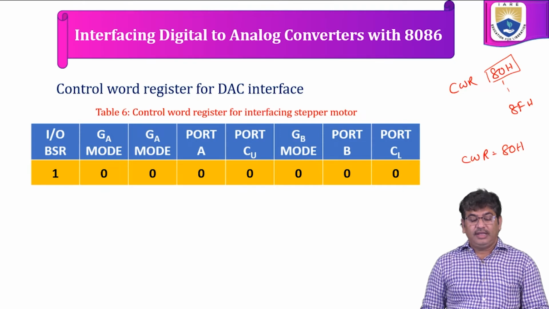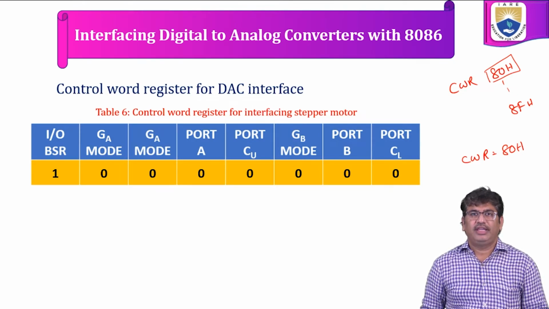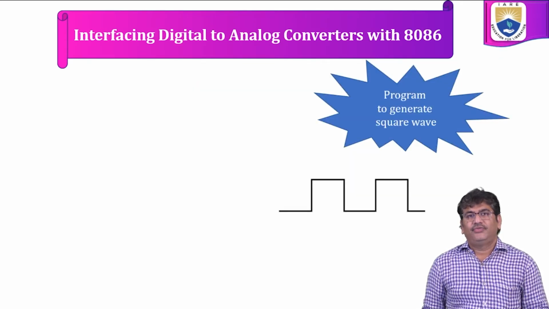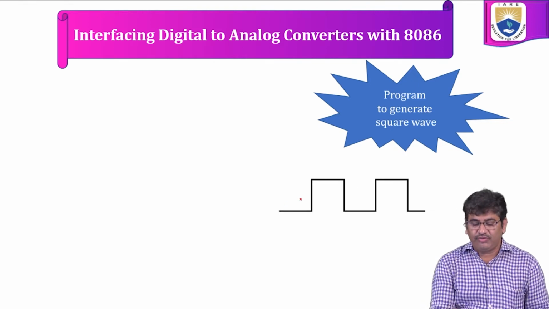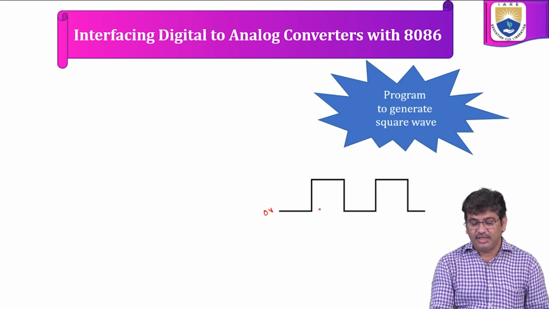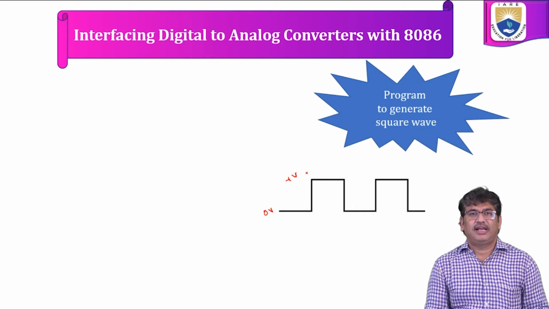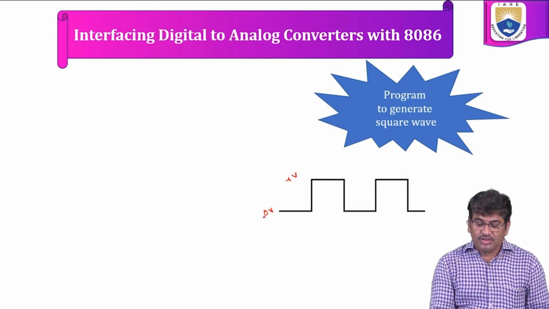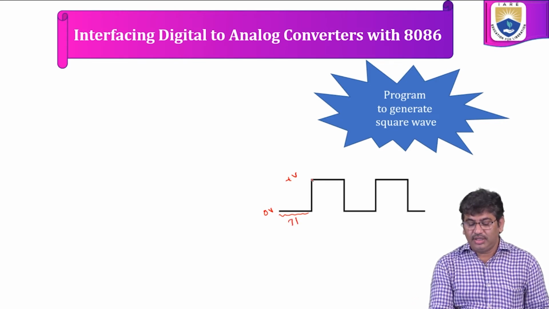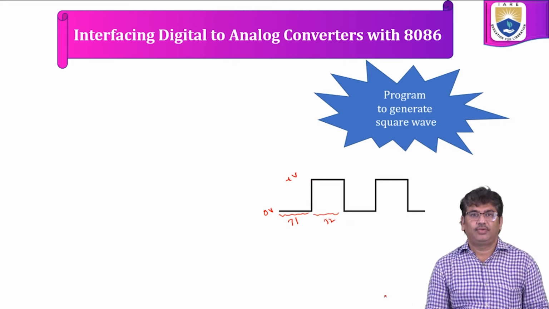Now for writing the program for the DAC in 8086, the first statement is for the generation of a square wave, where the square wave has 2 voltage levels. One is 0 voltage, the next one is maximum voltage, which I'll take as plus V. The 0 voltage is maintained for some amount of time, T1, and the wave is kept at plus V volts for some amount of time, T2.